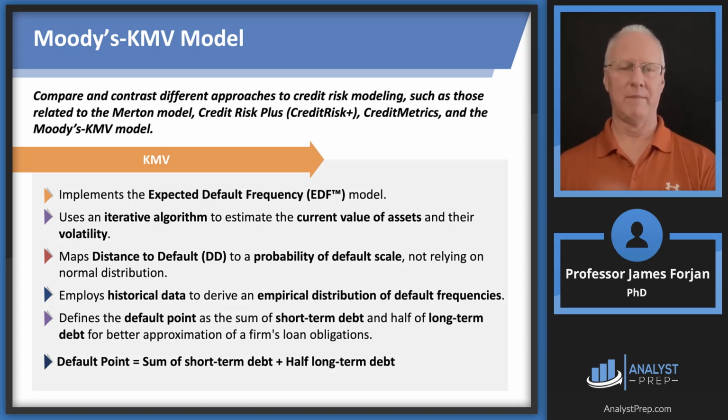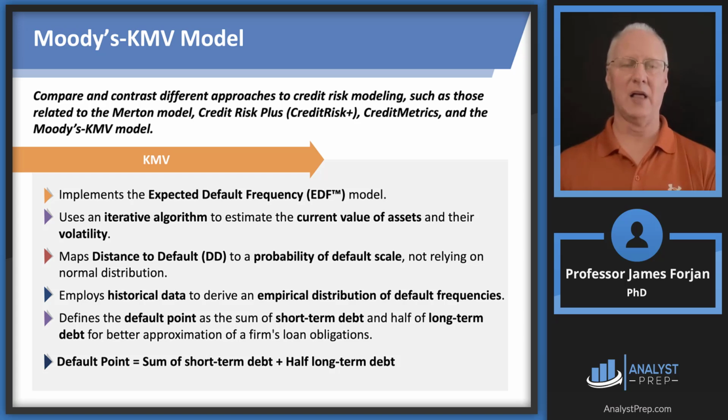Now, with the Merton model, we were looking at how to value equity as a call option on the assets of the firm. We can then find the equity value, and we can find the present value of the bond, like we did. And then we moved on to these other concepts. What the KMV model does, that very first arrow point, is the expected default frequency. It's an iterative algorithm that estimates the current value of the assets and their volatility.